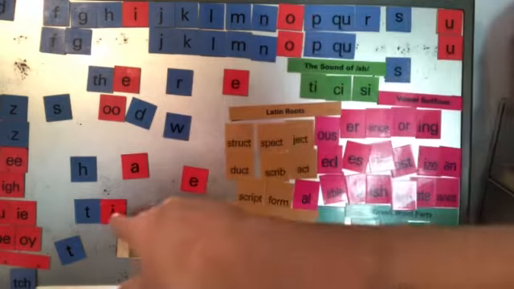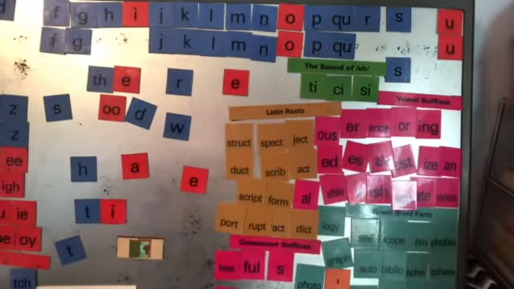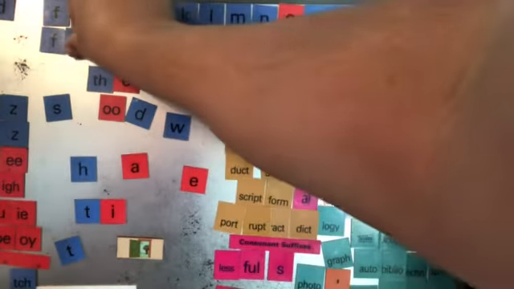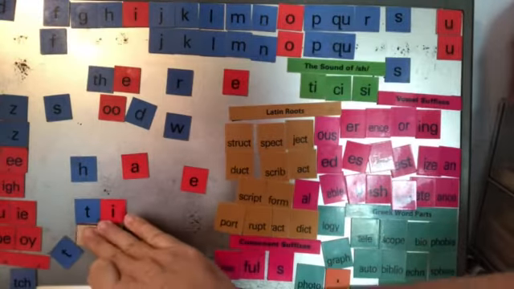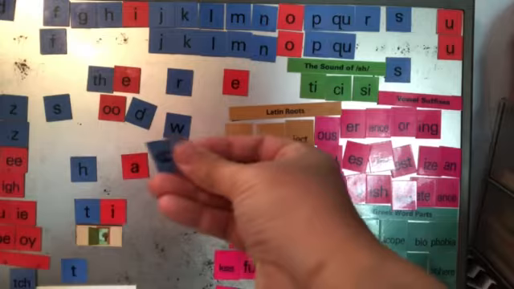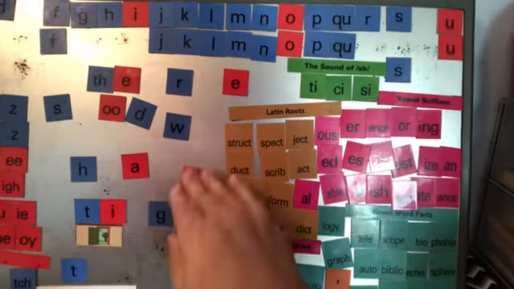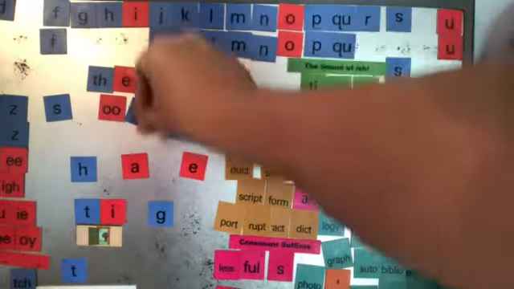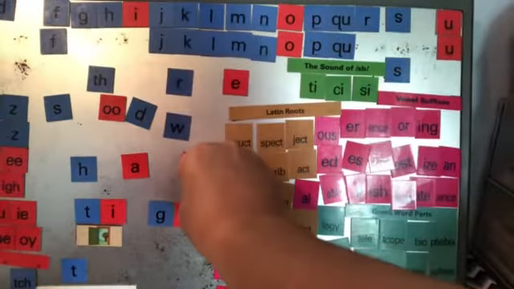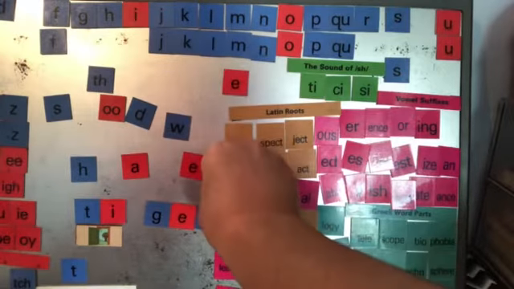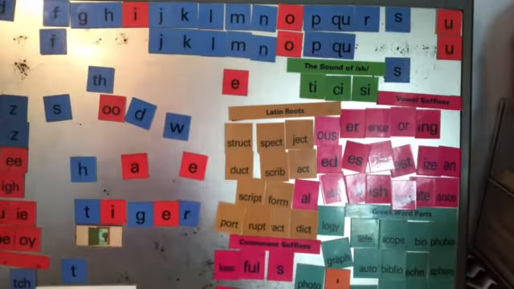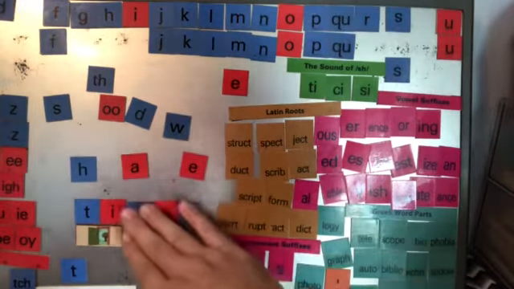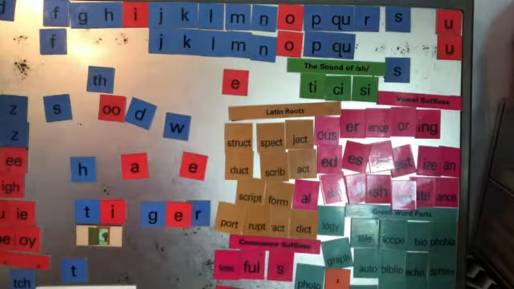Tiger. So we know that the I can stand alone without another vowel or something else making it long. The open door makes that word long. And then I do ger, ER. Then I squish it together and it spells tiger. So any open vowel can have the long I sound.